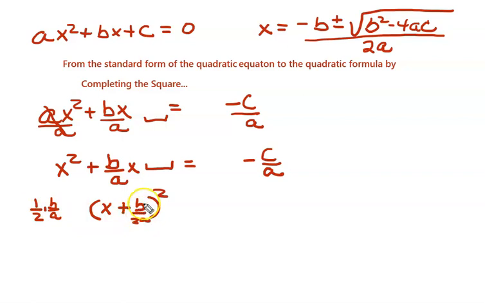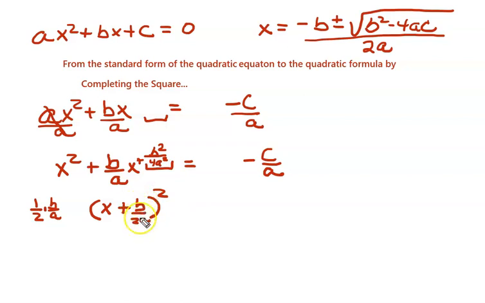Now that we have this, we can get our c term by squaring this term. That gives us our c term. So this will be a plus, and it's going to be b squared over 4a squared.